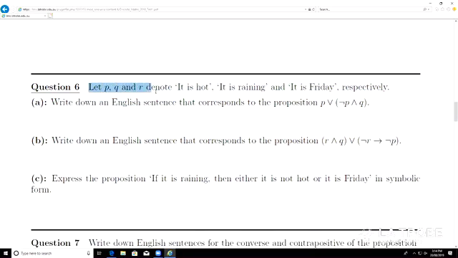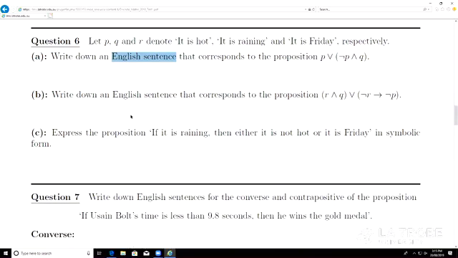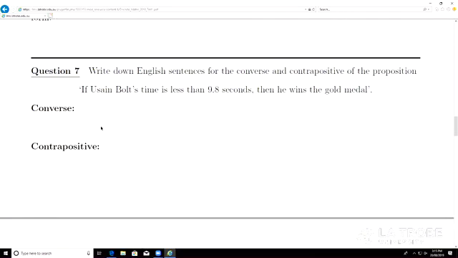Now question 6 brings in last week's contents about logic. P, Q, and R denote it's hot, it's raining, and it's Friday. First, we want this expression translated into how you would say it as a statement. Similarly for other things, and the converse and contrapositive that we did in the previous lecture.